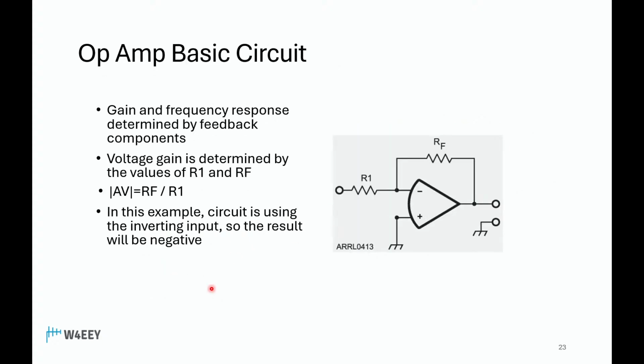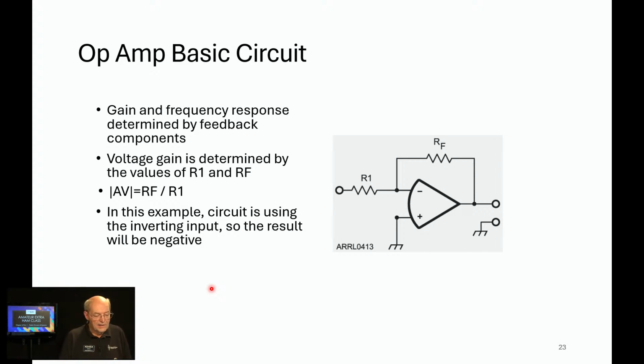Now here's a circuit. The gain of an op amp is determined by the ratio. This is called a feedback resistor. It's going from the output back to, in this case, the inverting input. RF stands for feedback resistance. This is the input resistance. So the gain of this circuit is the ratio of the feedback resistor to the input resistor.